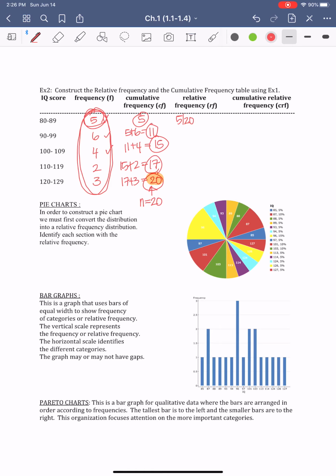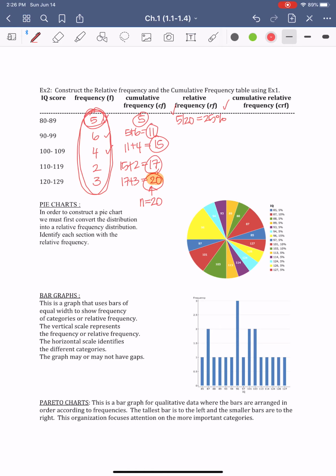How do you take the percentage value? 5 divided by 20 times 100, right? So 5 divided by 20 times 100, that's equal to 25%. So I don't mind leaving as a fraction or percent. On WebAssign, they will tell you whether they accept the fraction or the percentage, so make sure you follow the instruction.